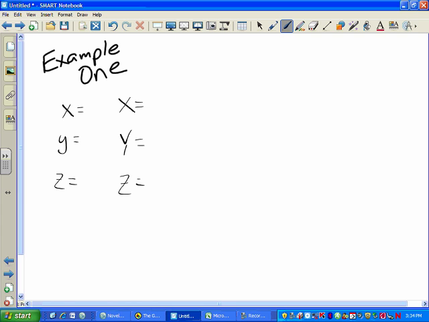Okay, so given 2 sides of a triangle and a non-included angle, which is side-side-angle, find all possible values for the other sides.